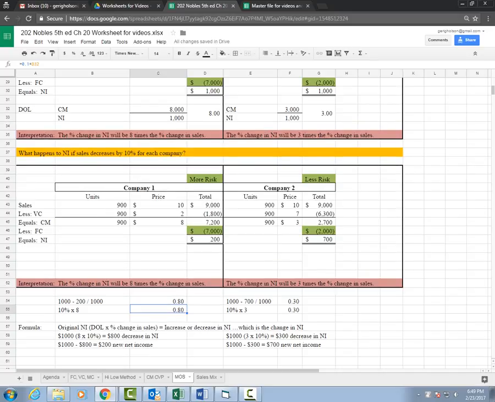So notice that $800, since sales dropped 10%, that's an $800 decrease in net income. And lo and behold, our net income went from 1,000 to 200. So $200 became the new net income.